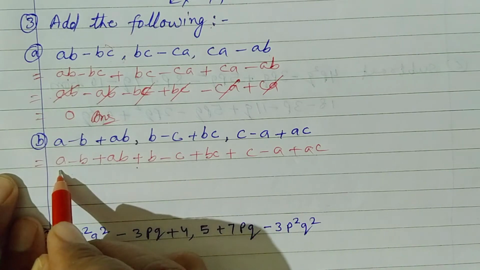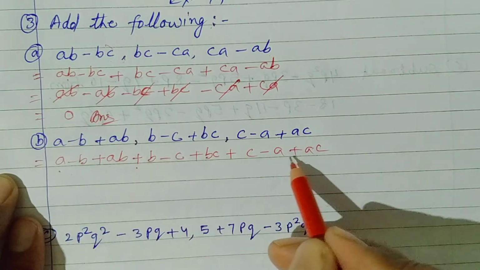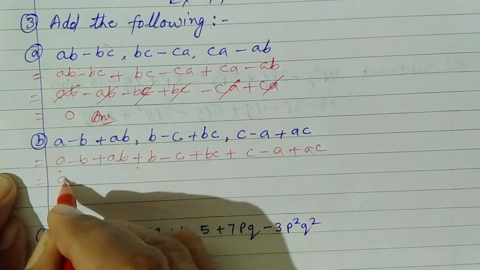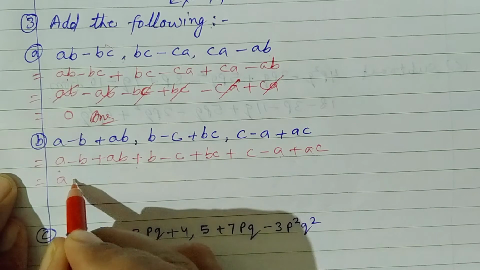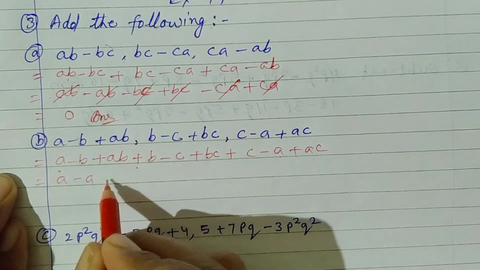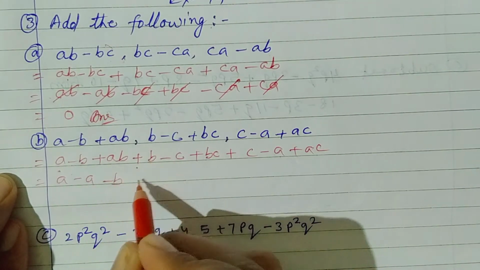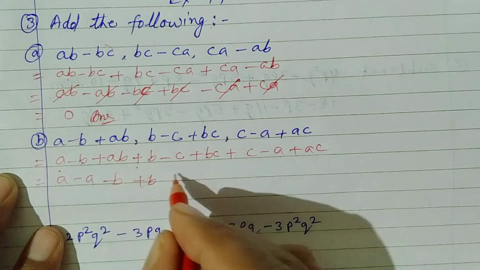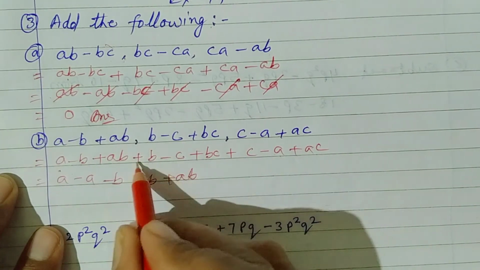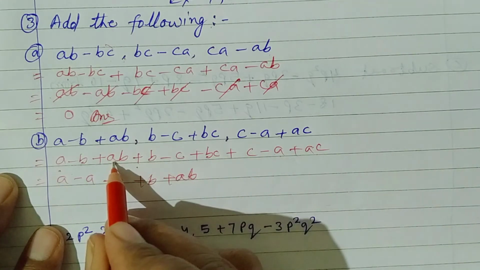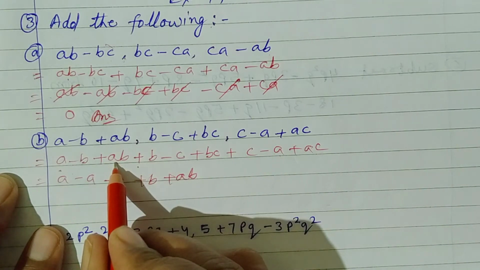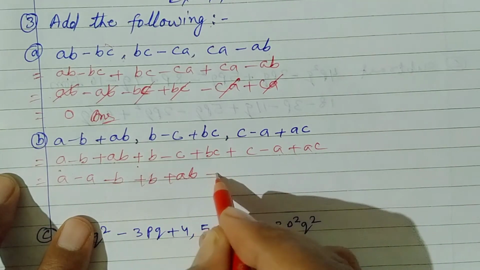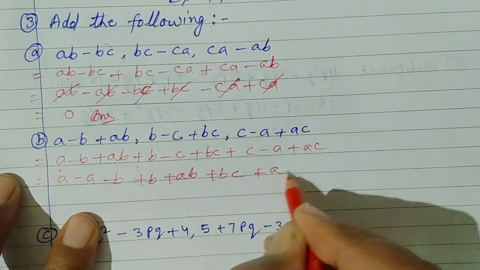After that, arrange all the like terms. First we see how many A are there in this question. A here and here is given. So we write again A, here is minus A, minus B plus B, no other B, plus AB, plus AB. Okay, single AB plus BC plus AC.